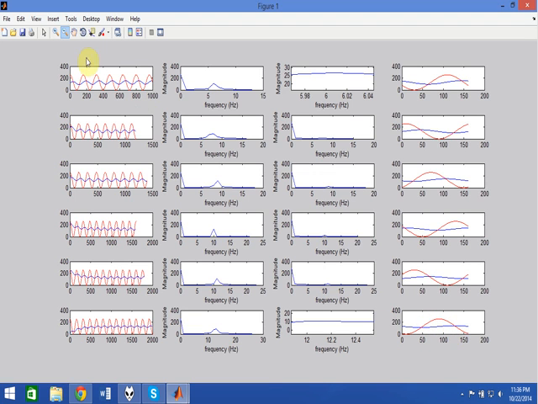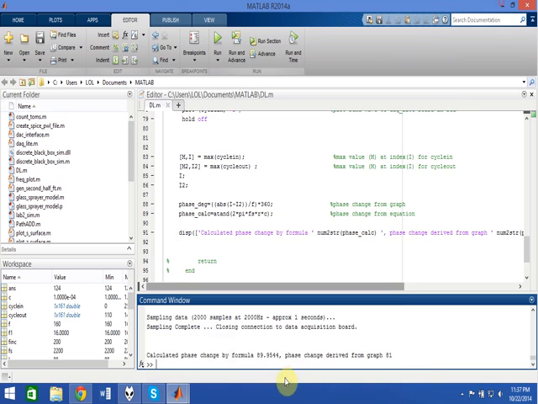So it has to be 90 degrees out of phase. What I get for the value of the phase angle by graph is 81.